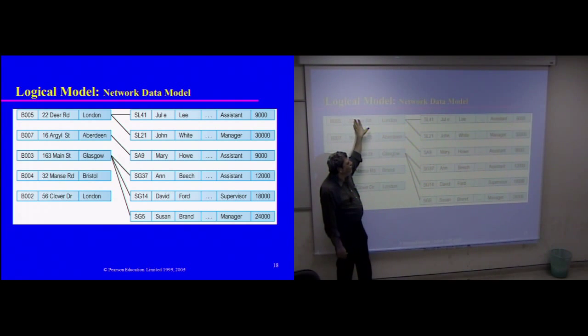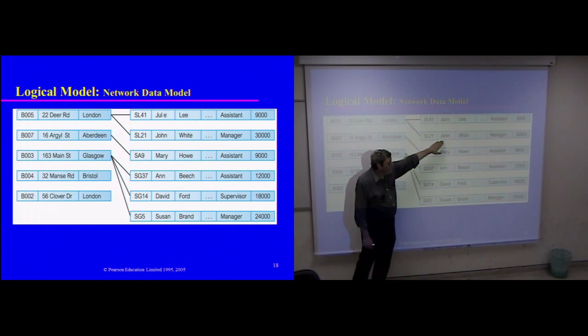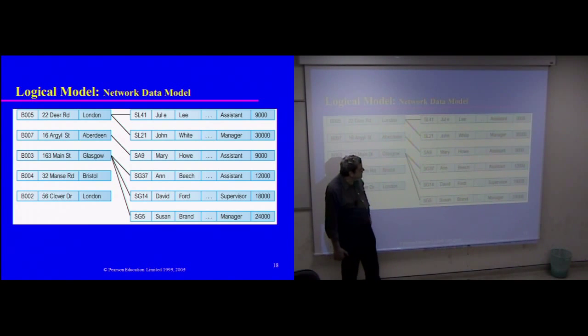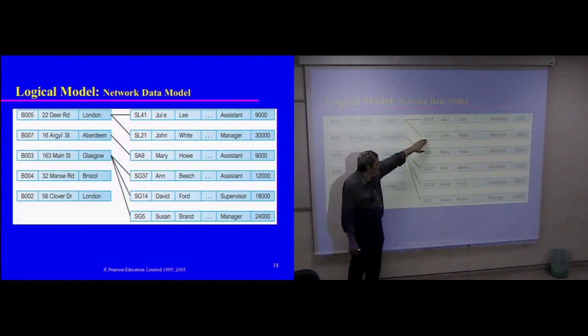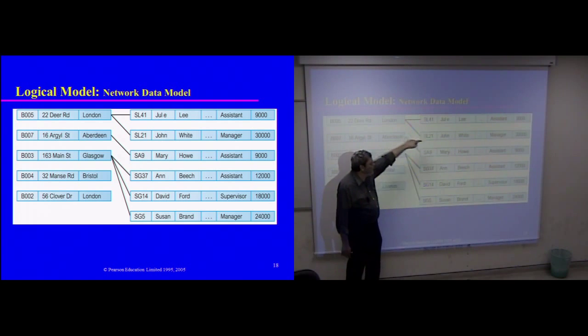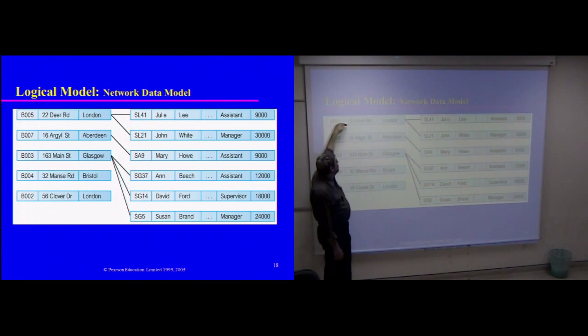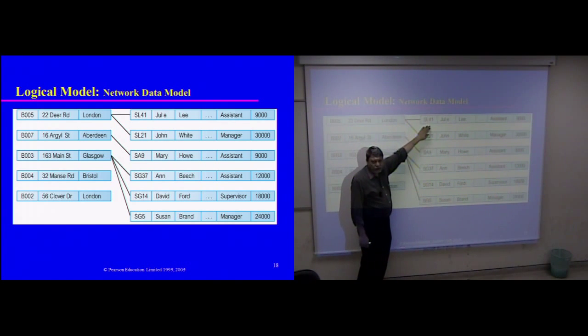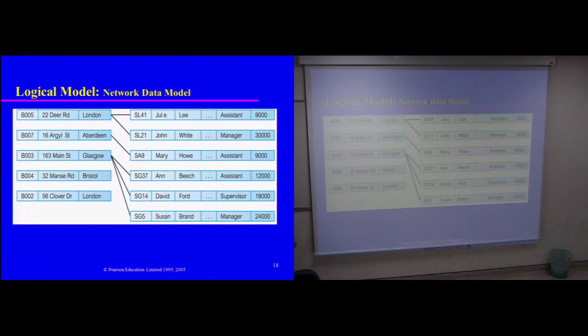So in order to know any data about John, for example, what is his salary, what's his position, he's a manager or not, and so on, in order to get John, you have to know where he is working, which branch he is working. So you cannot go directly to John. You go to the branch, and from the branch you go and search for the employees working in that branch until finding John. So this was difficult.